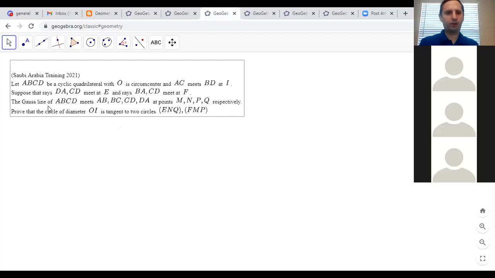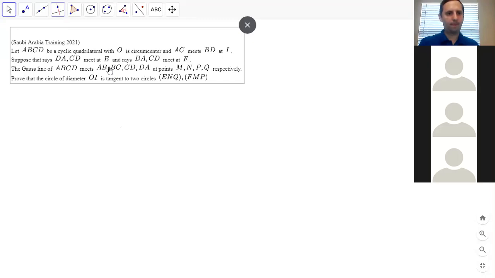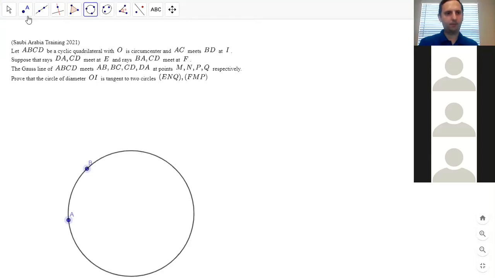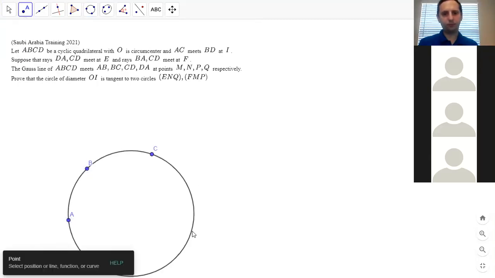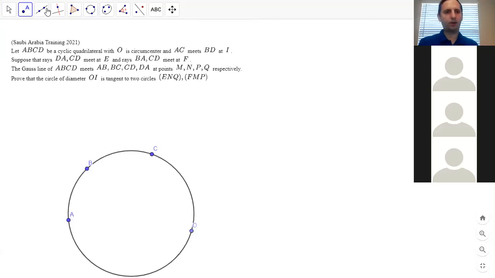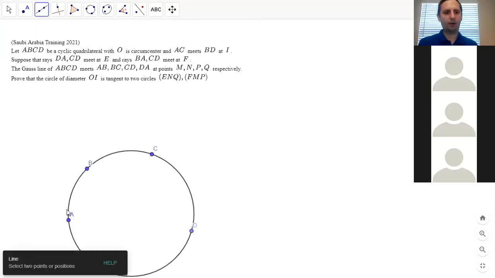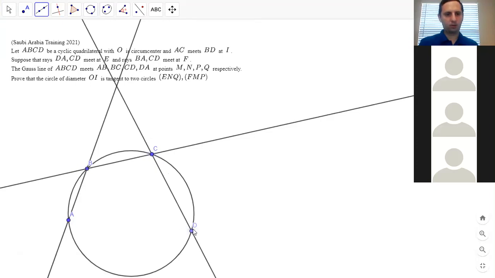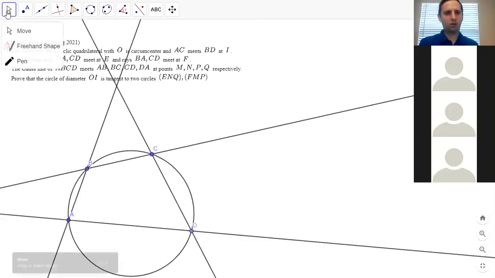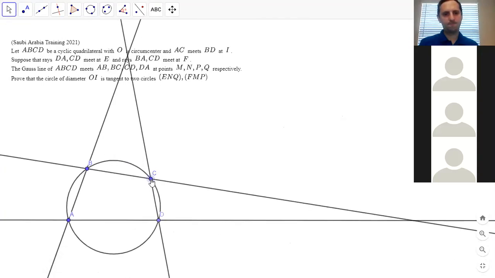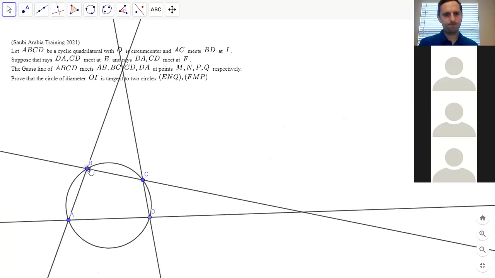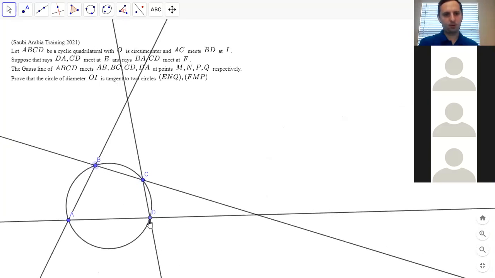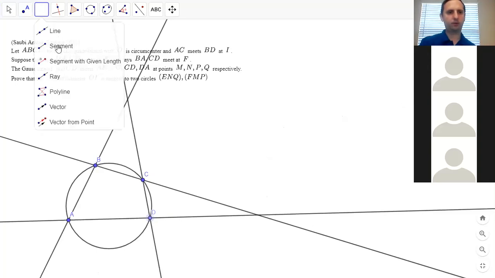So it's like you have a cyclic quadrilateral A, B, C, D. And you basically make a complete quadrilateral, right? So let me draw the diagonals.